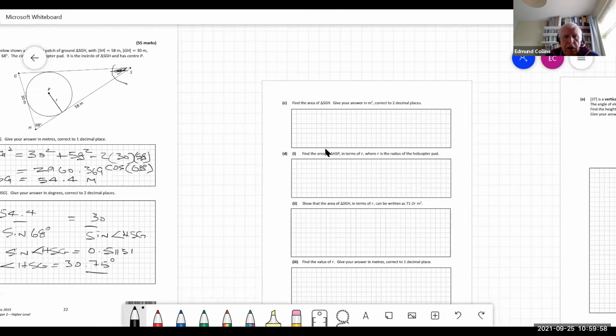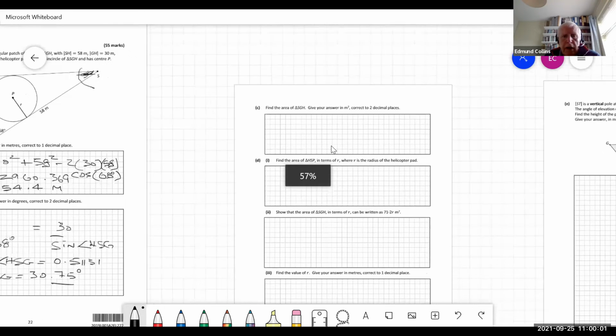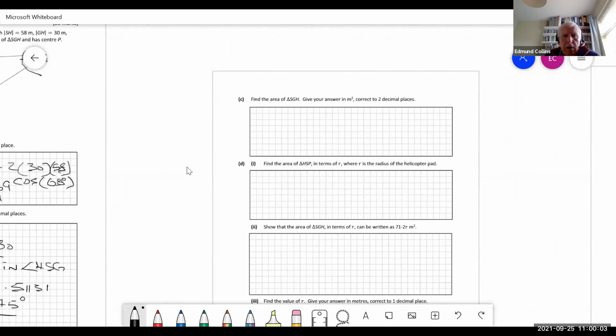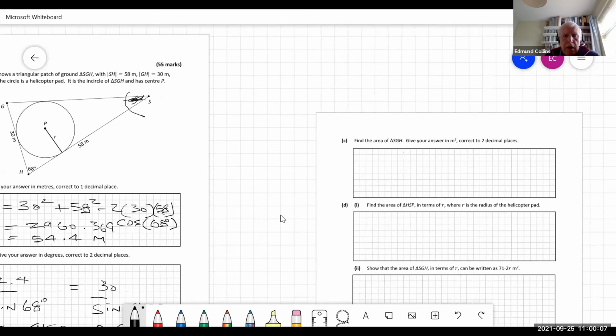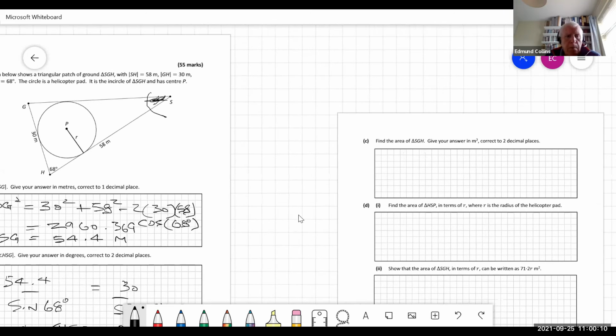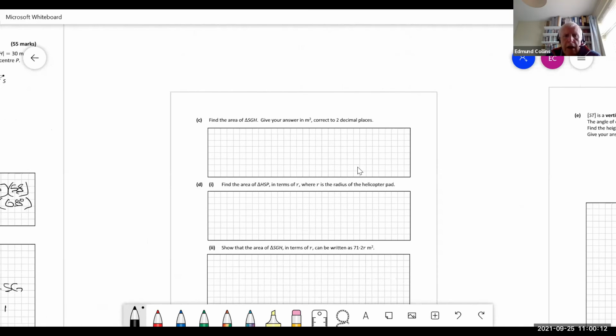So the next part, C, then asks you to find the area of the triangle SGH, which we've been working on, in meters squared and correct to 2 decimal places.